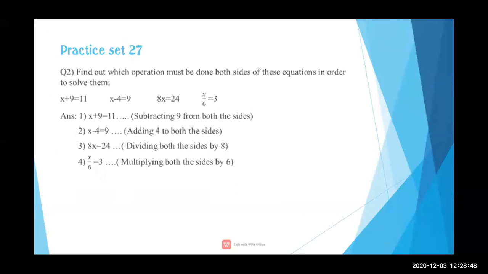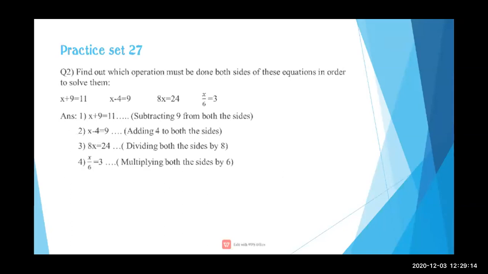Here you have to write the operation which you are going to do on both sides. First question is x plus 9 equal to 11. Second is x minus 4 equal to 9. Third is 8x equal to 24. And fourth one is x upon 6 equal to 3.